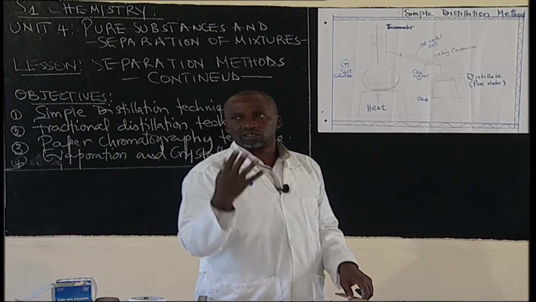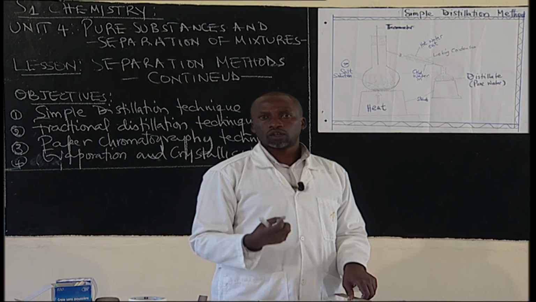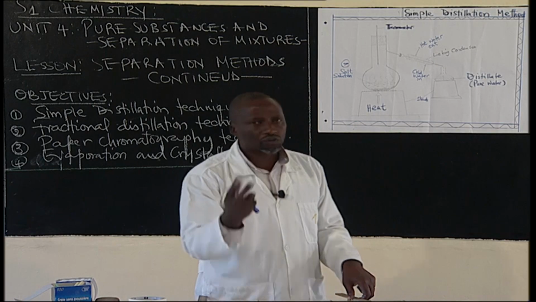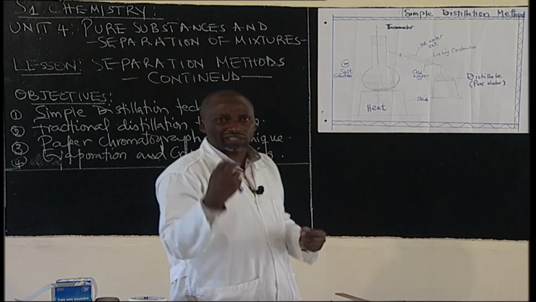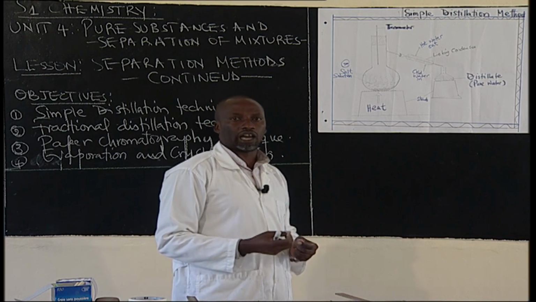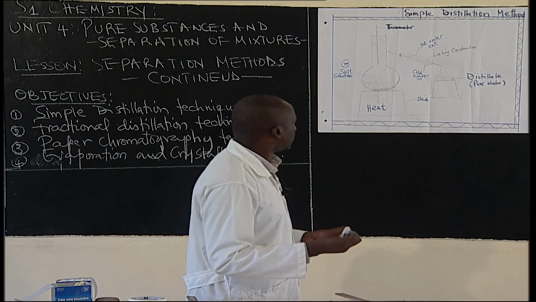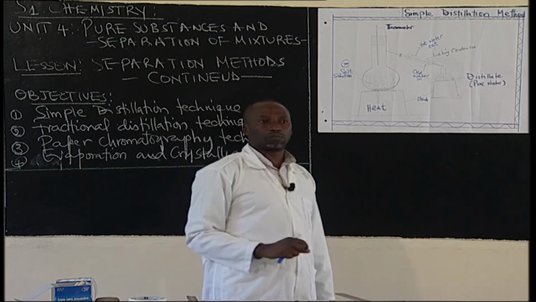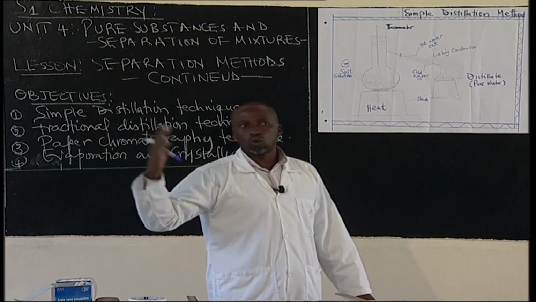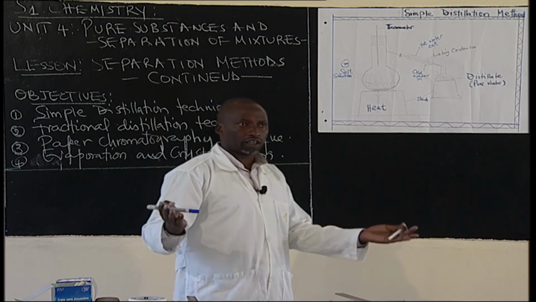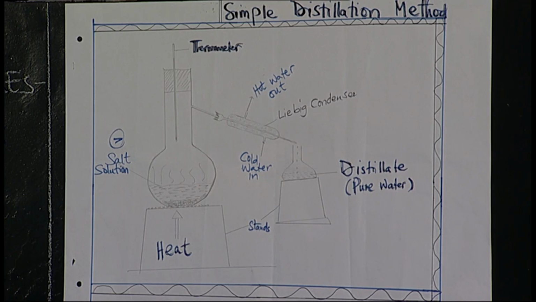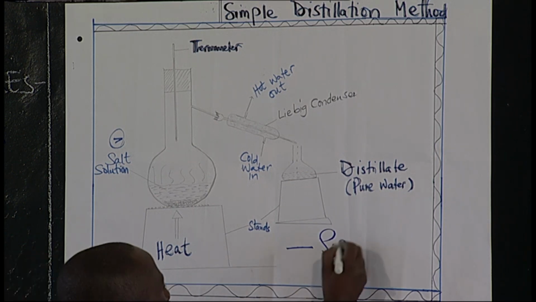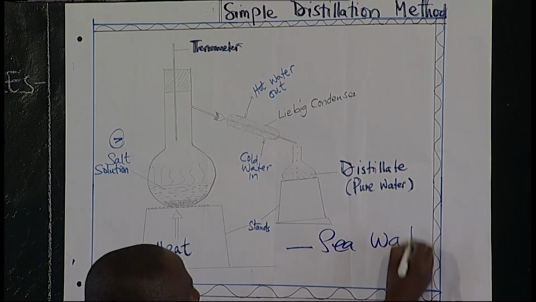Salt water is not good for drinking. When you want to separate the water from the sea water, because the sea water is salty, we use this simple distillation. So the mixture we are looking at is the sea water.